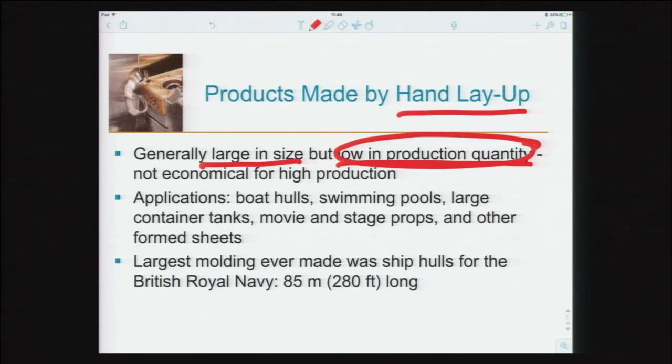Large but low in production quantities, not economical for high production. From the previous slide about steps in hand layup method, it takes quite a long time to do, and it's not economical for high production, not suitable for industry that produces many parts.